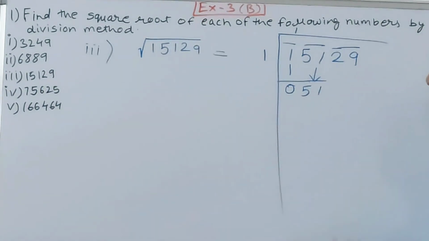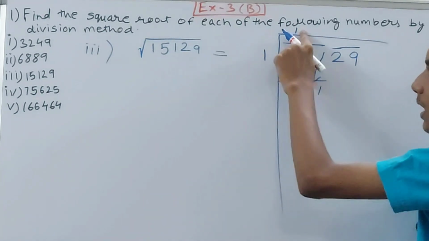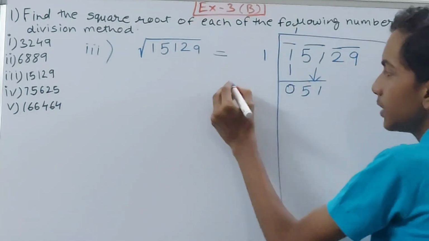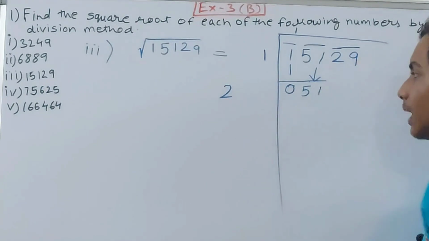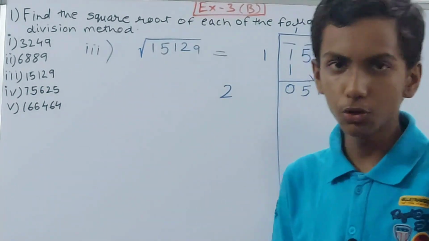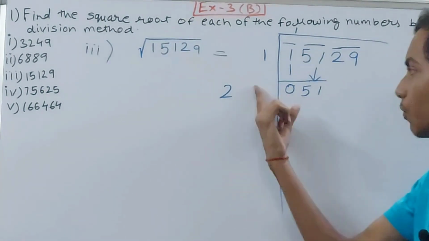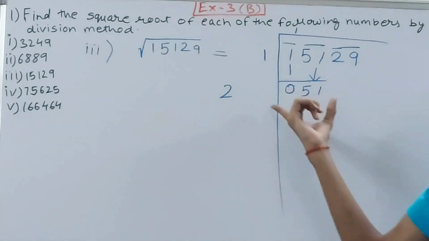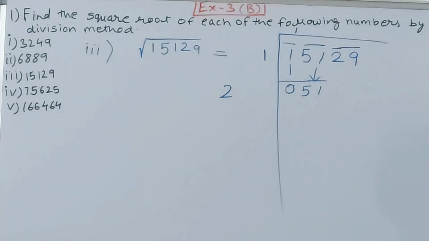So 51 here. Now the nearest number that I can take to 51. But first we will double 1. 1 into 2 is 2, right? Now take the number that comes nearest to 51. So if I take 21 here, then what will happen? 21 will be near to 51, but it will not be the nearest number. 22, let's take, right?